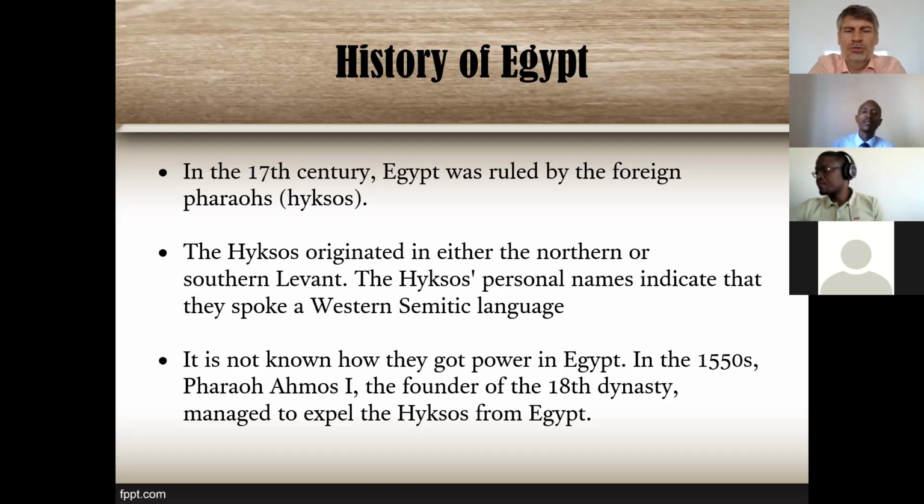After that, we know nothing about the Hyksos. They just disappear from the stage and are not mentioned in any other sources. Ahmose I was the founder of the 18th dynasty, and since this 18th dynasty, we have the New Kingdom in Egypt.